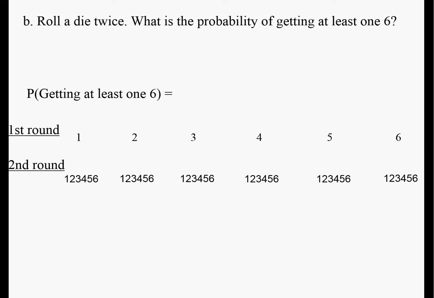Okay, now let's summarize what we can get here. What are the total possible outcomes in rolling the die twice? Now, if the first time you got 1, second time you got 1, you would end up having a combination of two numbers, 1 and 1. If the first time you got 1, second time you got 2, you have this combination of 1 and 2.